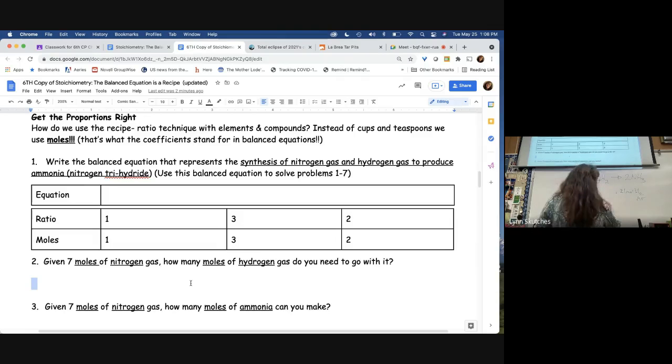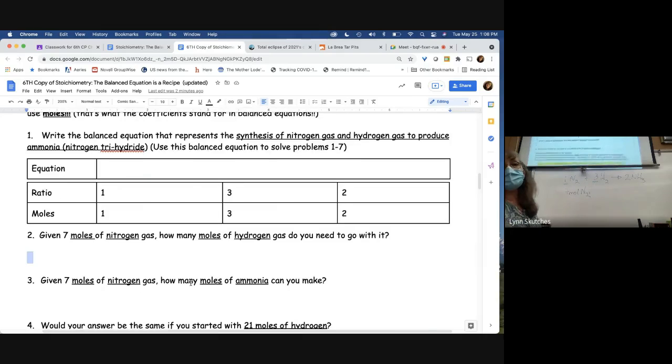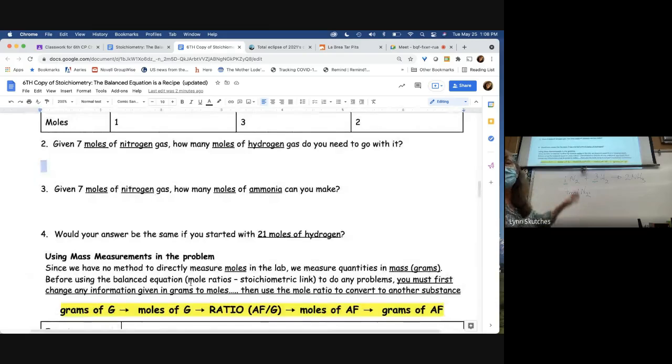And question number 3, it's not asking about hydrogen, it's asking about ammonia. Here's how much nitrogen you have. How much ammonia can you make? So again, you're going to put the asked for substance on top, the given substance on the bottom. That mole ratio is 2 to 1.